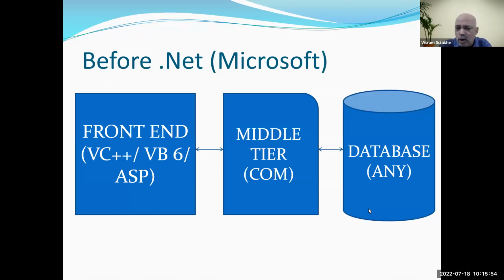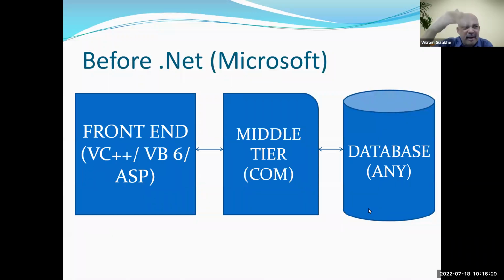Now, the middle tier in all Microsoft applications was created using a technology called COM, which stood for Component Object Model. In fact, COM is still prevalent today, not just back then. What COM did was allow you to create your software as a component that can be used by anybody else.